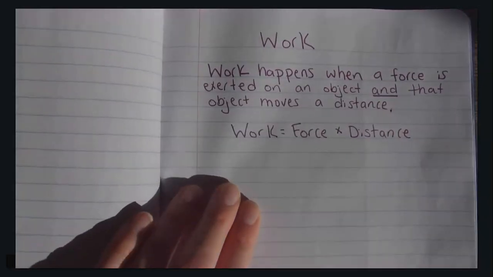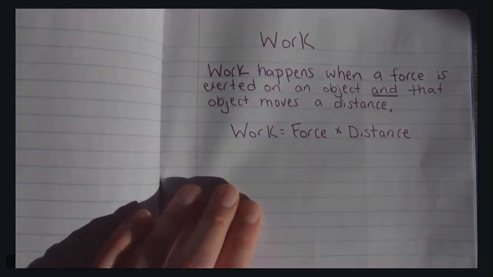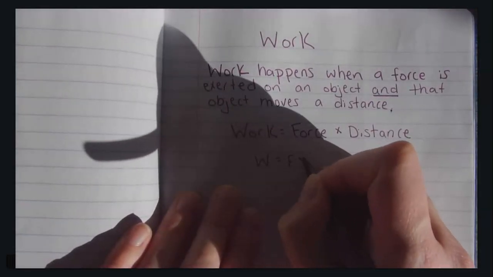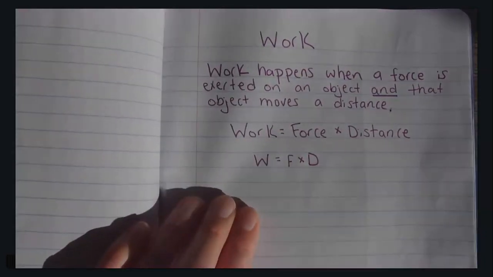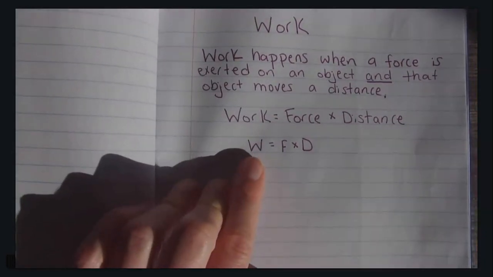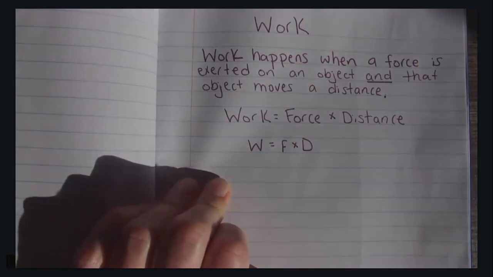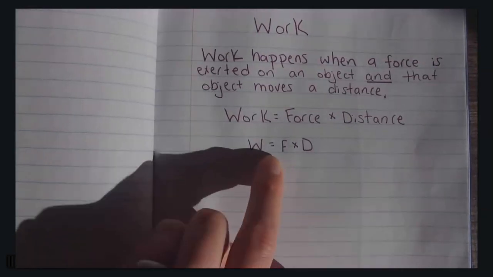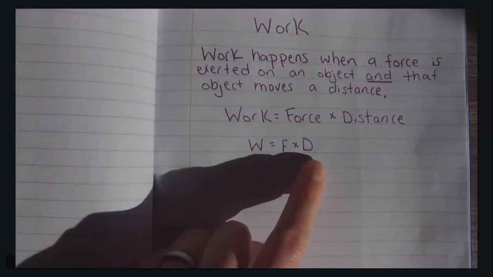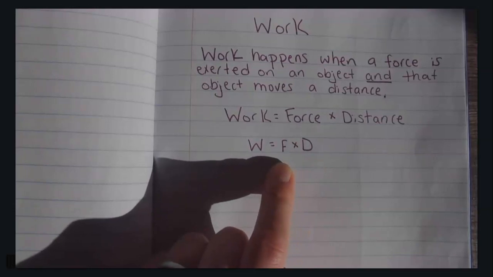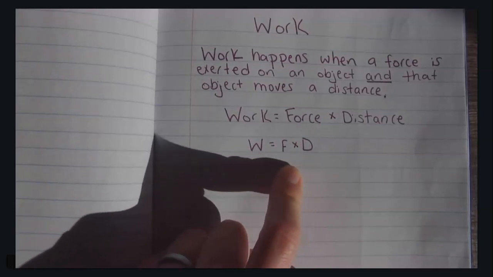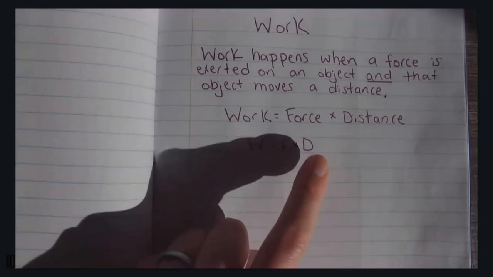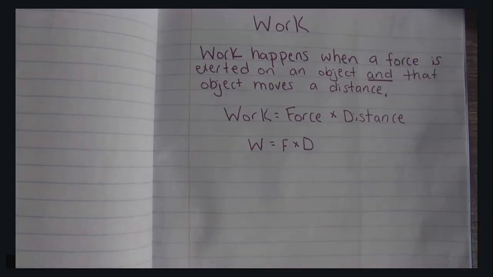Now, a lot of times we can shorten this to W equals F times D. This is the equation that you're going to be using today in order to calculate, that's our learning target, the amount of work done. So when you are using this equation today, this is why your object has to move a distance and force is being used. Because if you multiply anything by 0, your answer is going to be 0. So that's why it has to move a distance. That's kind of a key part of today.